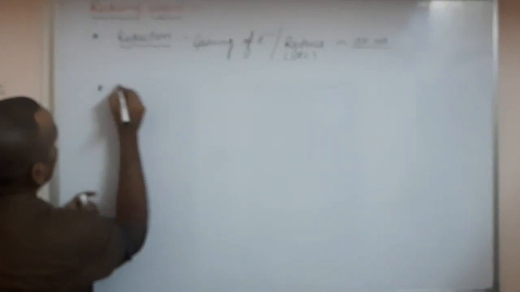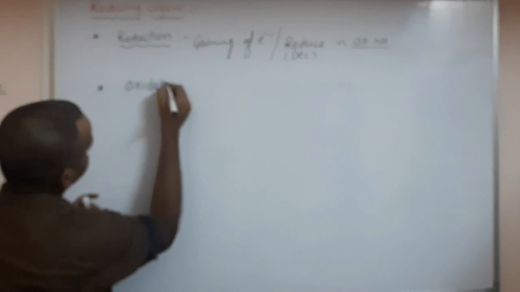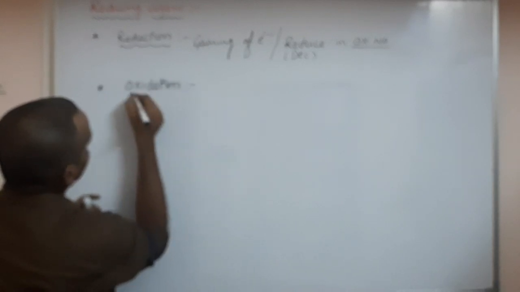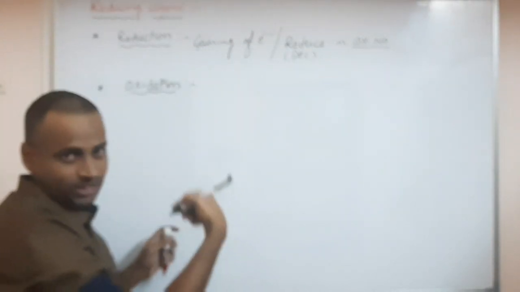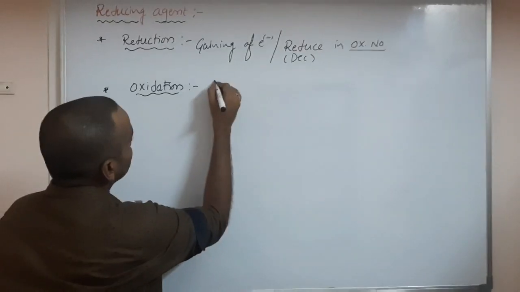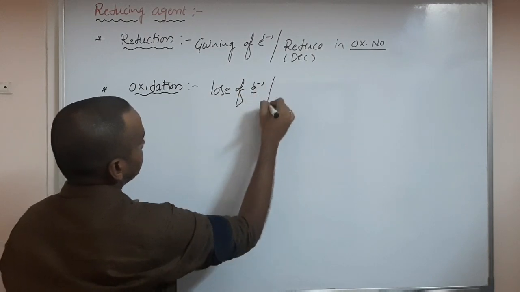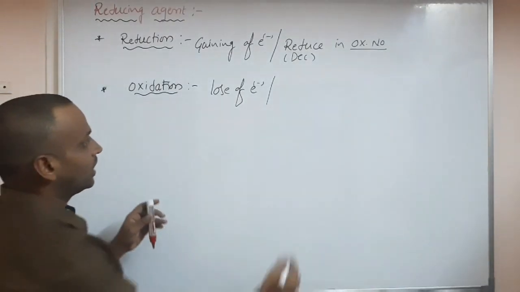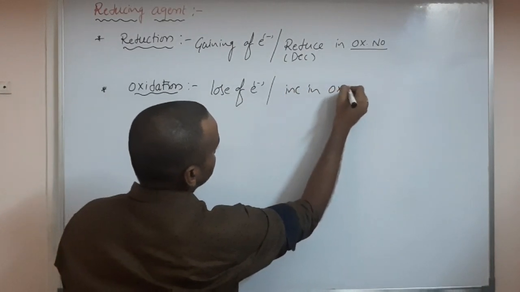Next is oxidation. What is meant by oxidation? This also everybody knows. Reduction means gain of electrons; oxidation means loss of electrons, which means an increase in oxidation number.